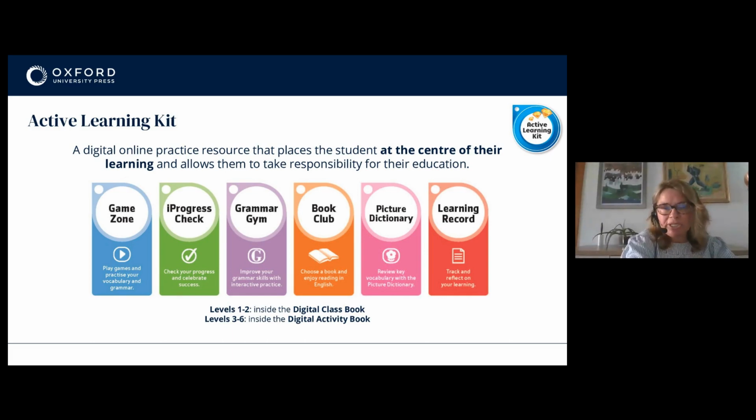There's also a book club. The book club provides access to, I think it's 5 digital readers per cycle, and they also have interactive activities which are gamified. For levels 1 and 2, there's also the picture dictionary to support vocabulary learning and a learning record so that students can keep track of what they are learning.